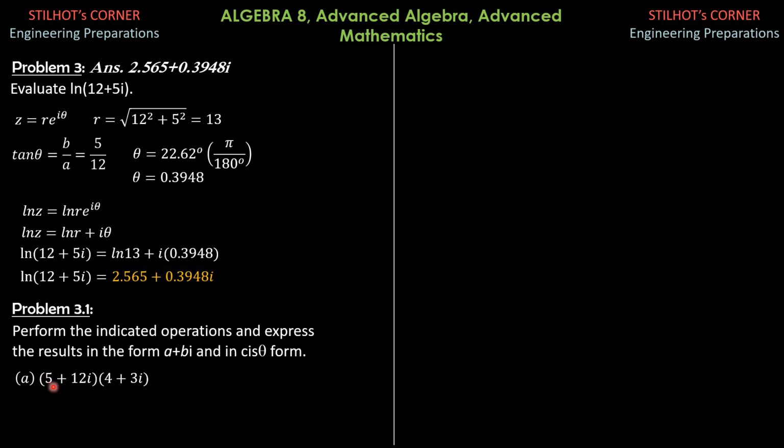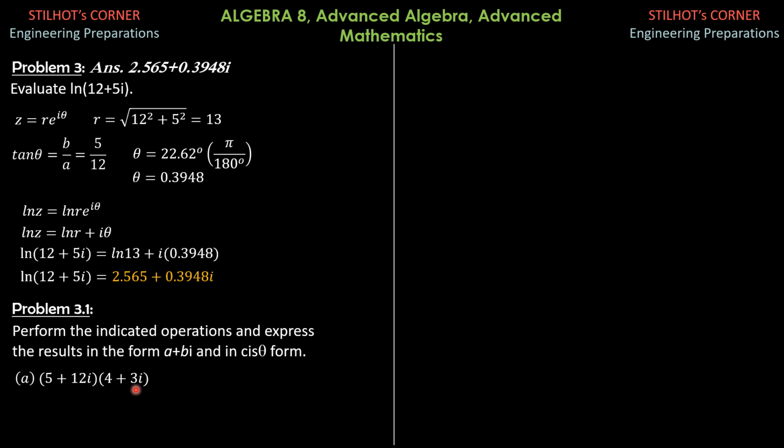If you use your calculator, set it in the complex mode, then type quantity 5 plus 12 shift eng, close, then 4 plus 3 times shift eng, close. It will give us a direct answer. But before that, let's have expansion by algebra. 5 times 4 is 20, while 12i times 3i is 36i squared.